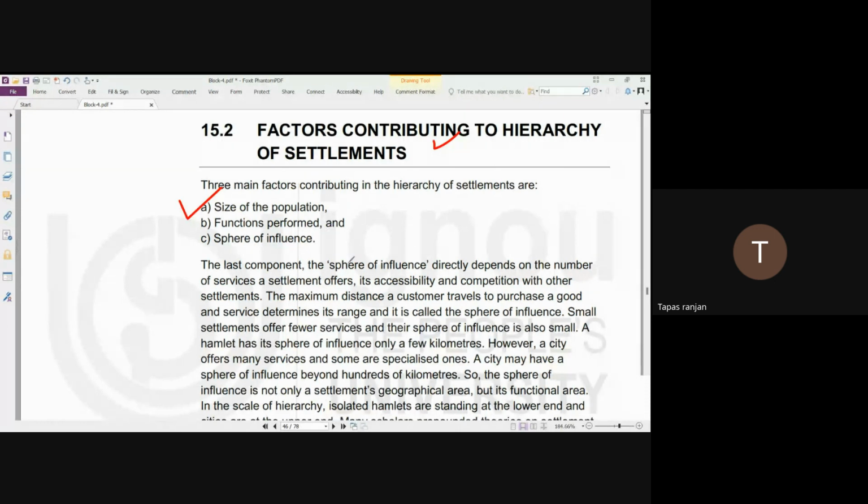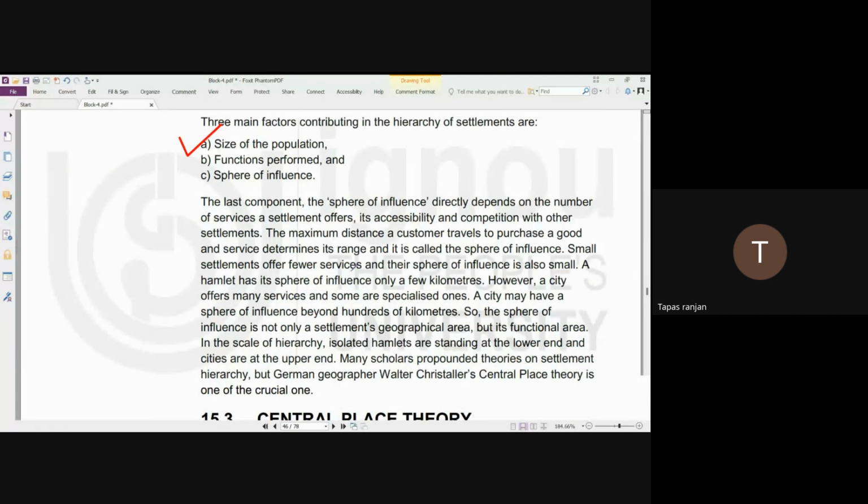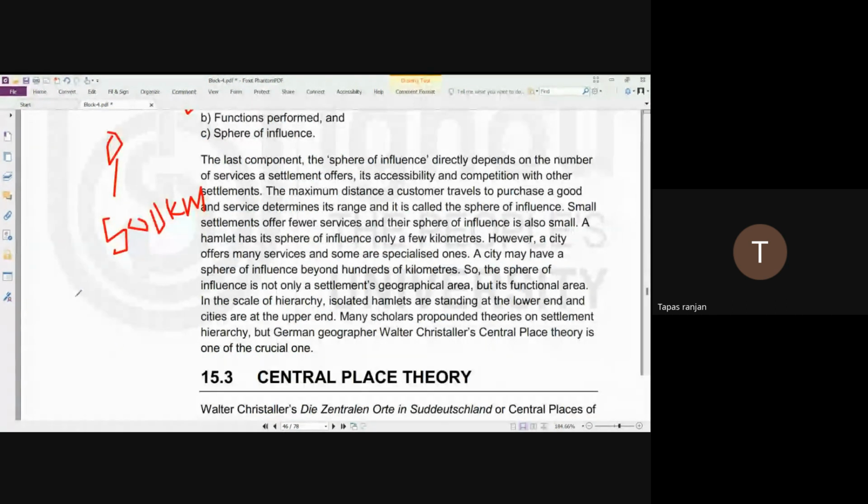Then sphere of influence. A city may have a sphere of influence beyond hundreds of kilometers. Let's suppose Delhi as a city is influencing up to 500 kilometers, while Mumbai as a city is influencing a lot of people up to 600 kilometers.